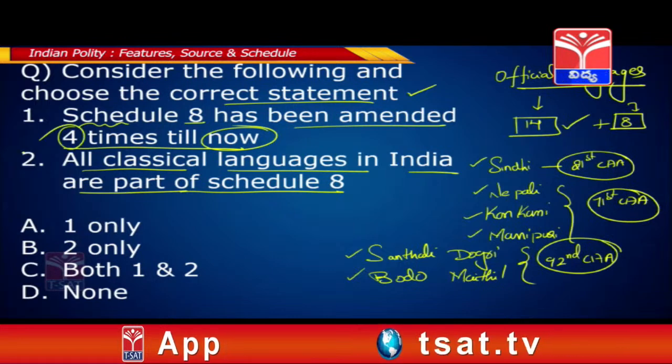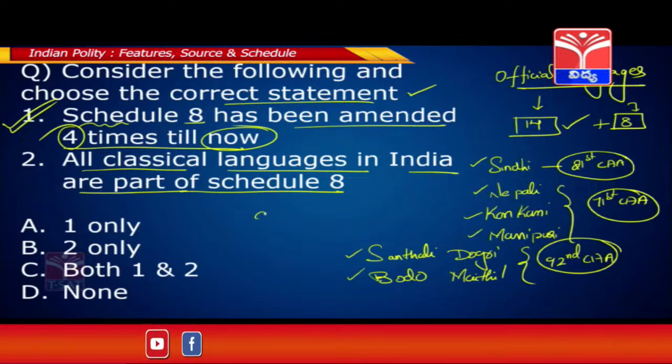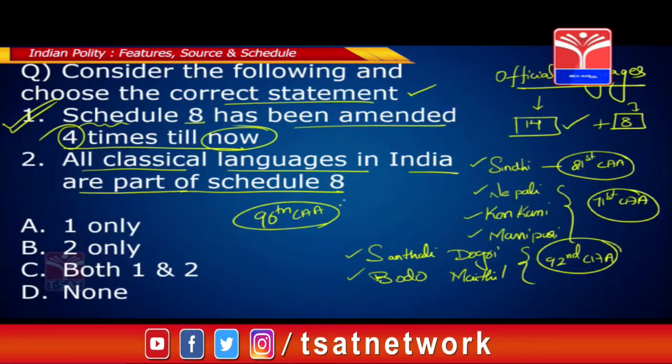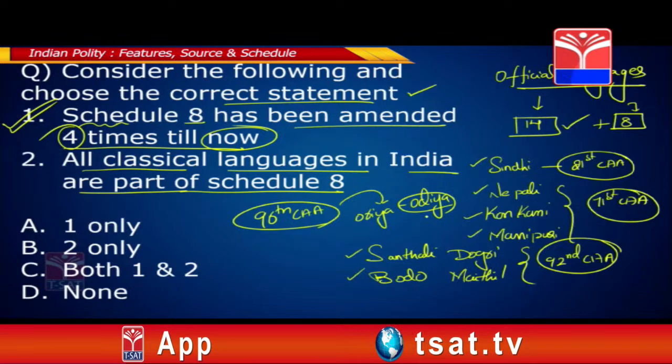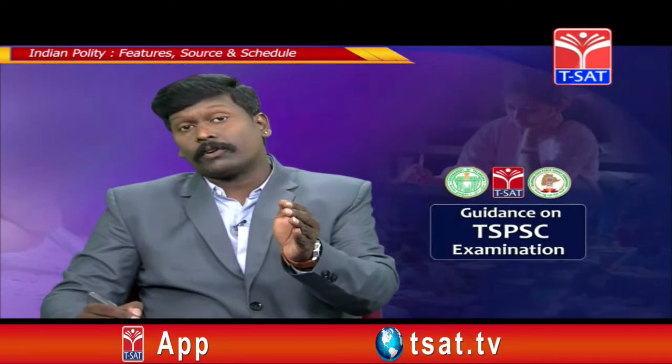Now what is the fourth time? Is this statement correct or wrong? Absolutely correct. The fourth amendment is the 96th Constitutional Amendment, which changed Oriya to Odia.